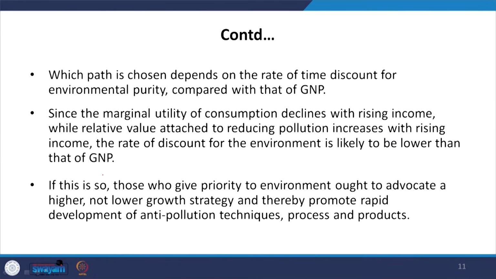the environmental Kuznets curve. But when we have these two growth paths before us, which path should we choose for our economy? That actually depends upon the rate of time discount for environmental purity compared with GNP. In economics we use the discount rate.